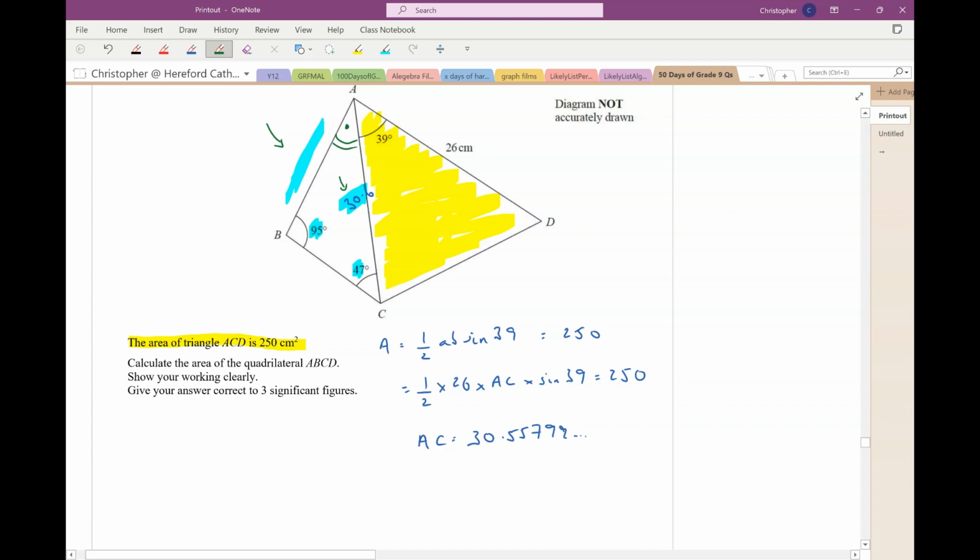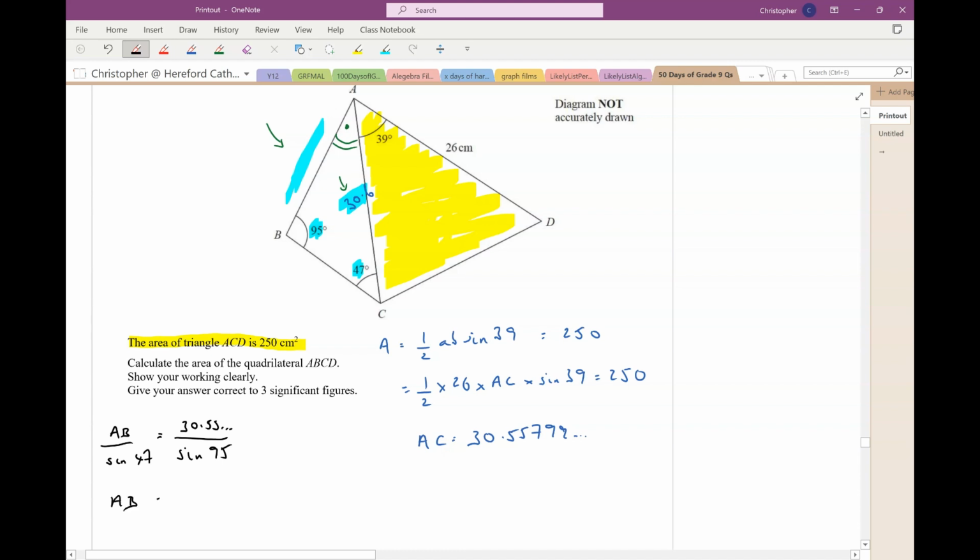Add them together, I've got the area of the quadrilateral. So, let's say that AB over sine 47 is going to equal AC, which is 30.55 and so on, over sine 95.